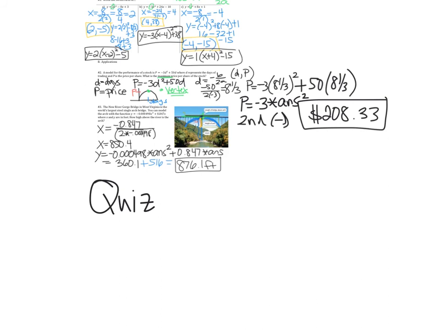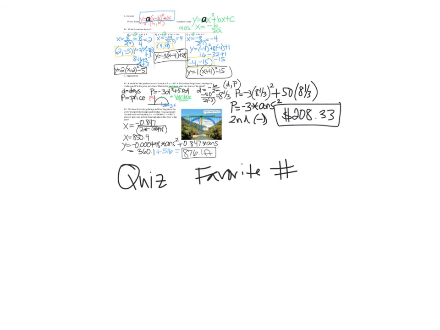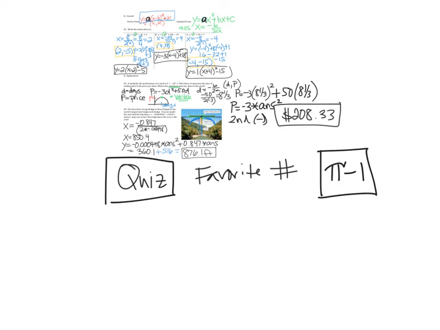Don't share it with other people, because if they didn't watch the video, that's their own fault. We'll say that my favorite number is pi minus 1. Can you remember that? I don't know. It's not my favorite number, but let's just pretend like it is. For the next quiz, favorite number is pi minus 1. All right, have a great day.